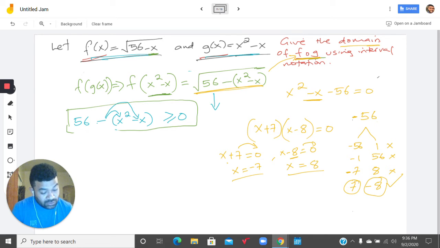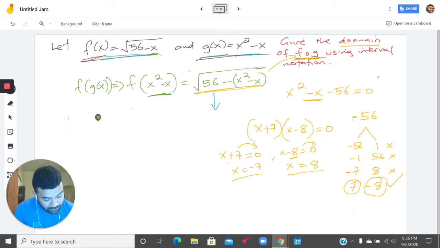In order for us to prove this, we know that on a number line, if I draw a number line, this is how we do it. You have negative 7, and then you have 8, right?